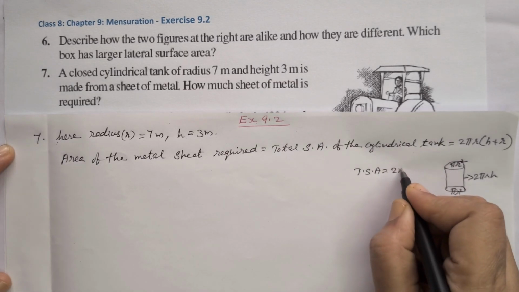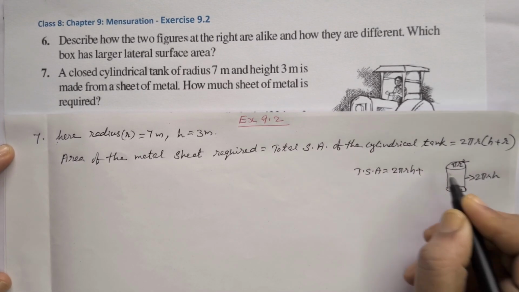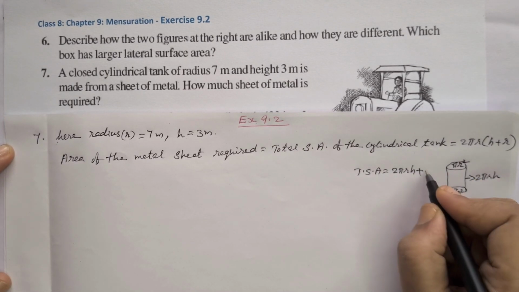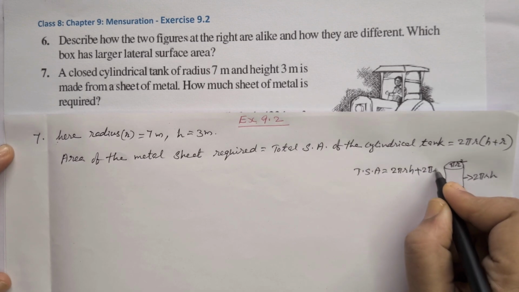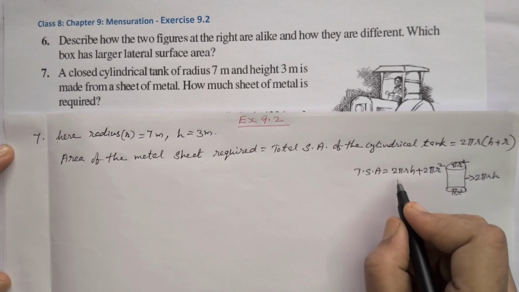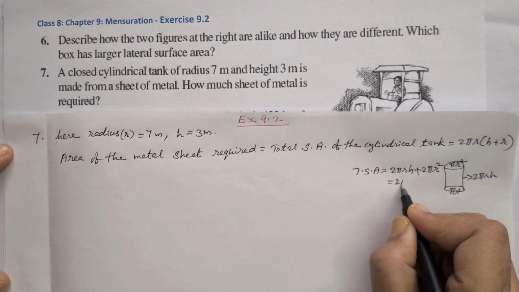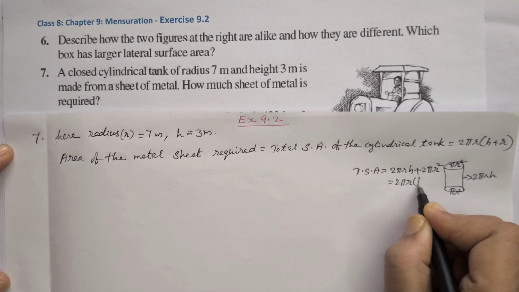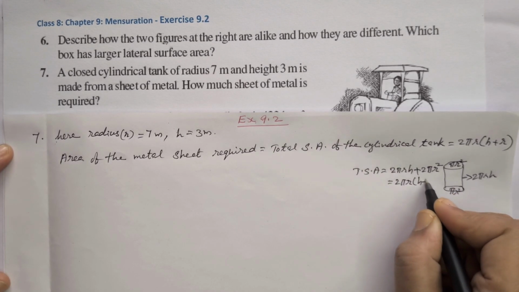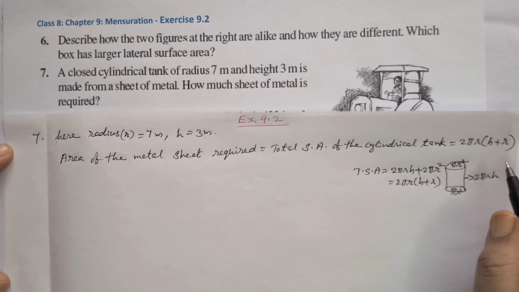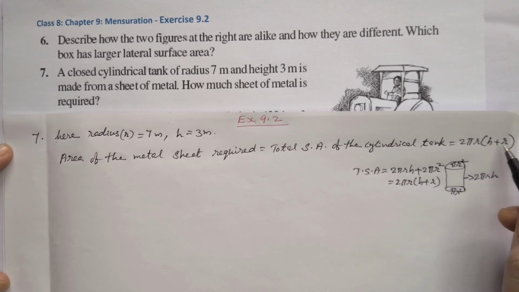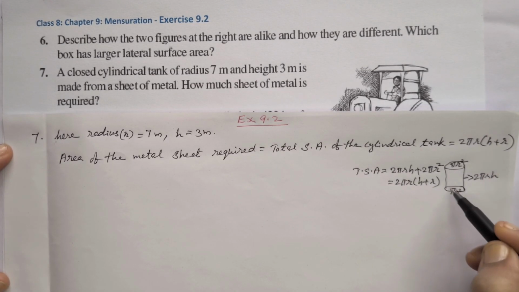So we can write 2 pi r h plus 2 times pi r square. From here we can take 2 pi r as common. Then h is remaining, and here 1 r. That is the formula. In short, 2 pi r into h plus r is the total surface area of the cylinder.